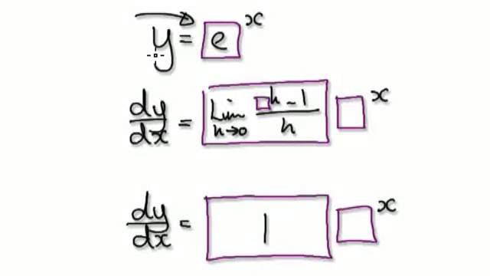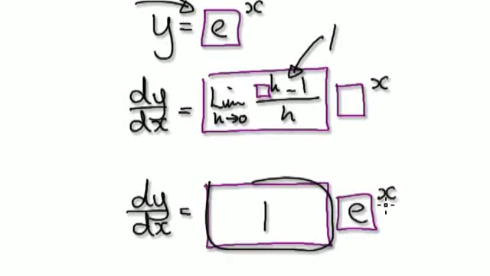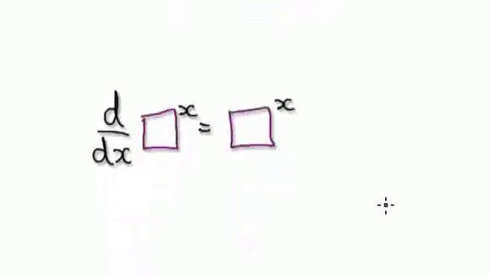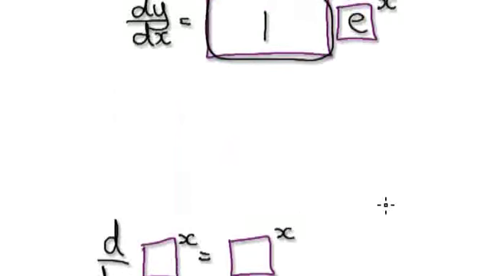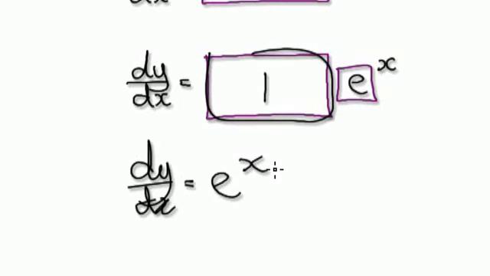So when you can find a number e, this thing here will be 1. So when this thing here is 1, then you're going to have 1 times e to the power of x, meaning that when you differentiate it, dy by dx, it will just give you e to the power of x.